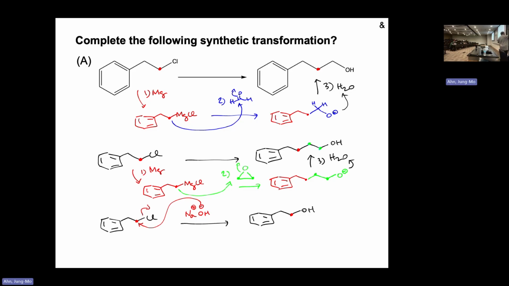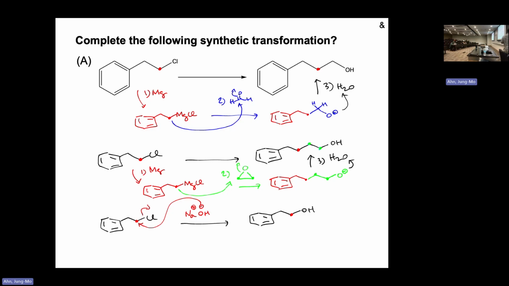So we are expecting this makes an attack, kicks it out, and that is what you may think.